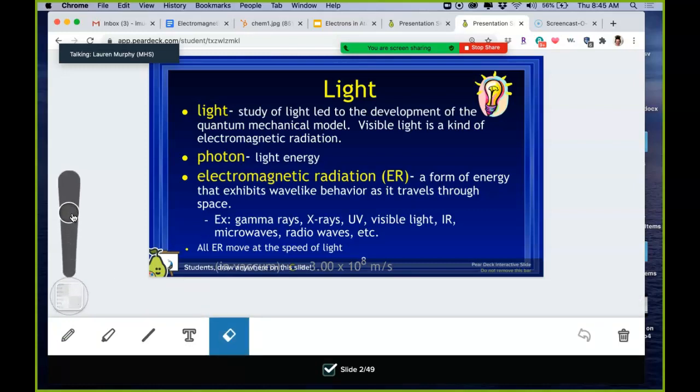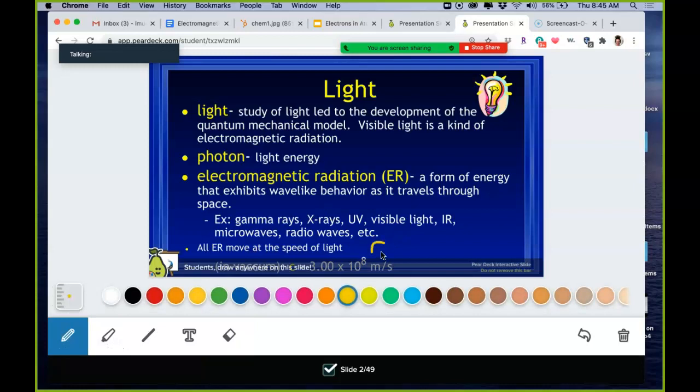C is going to be 3.00 times 10 to the 8th meters per second. I just want to show you that there's another way to write this: m s to the minus 1.